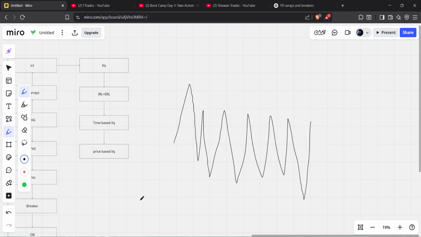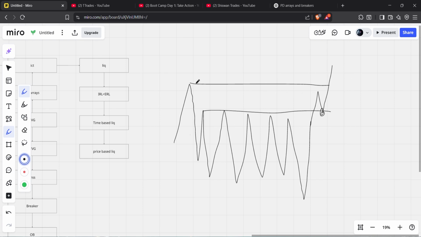Okay, so how do support and resistance traders or retailers trade? You just wait for the market to break this high and then retest, and then they enter longs from here. But we don't do that. We wait for these orders to get swept.